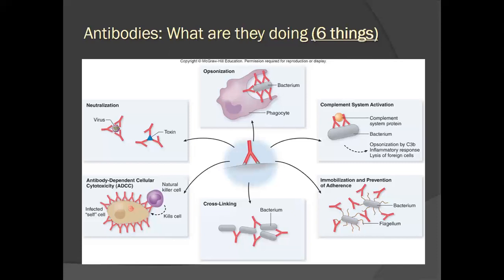Cross-linking is an important concept because I mentioned before that each of those arms of that antibody, those two variable region attachment points, can bind to multiple pathogens. So you cross-link, or you basically form a clump or a cluster of pathogens.